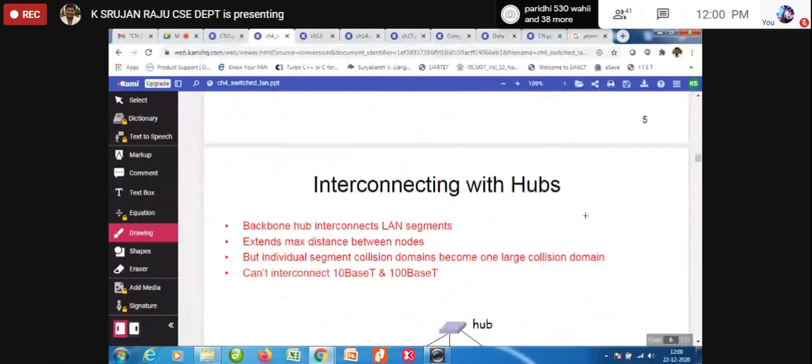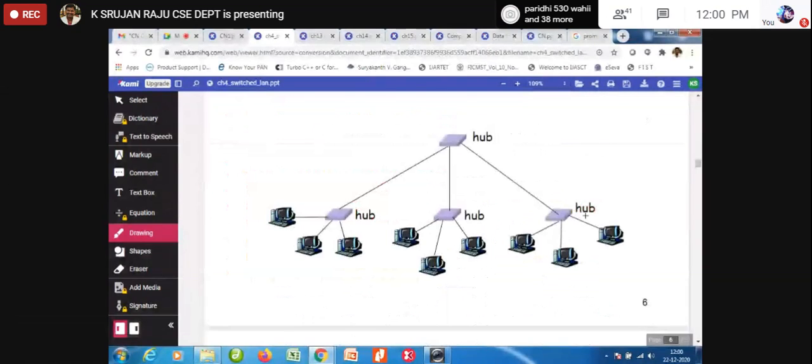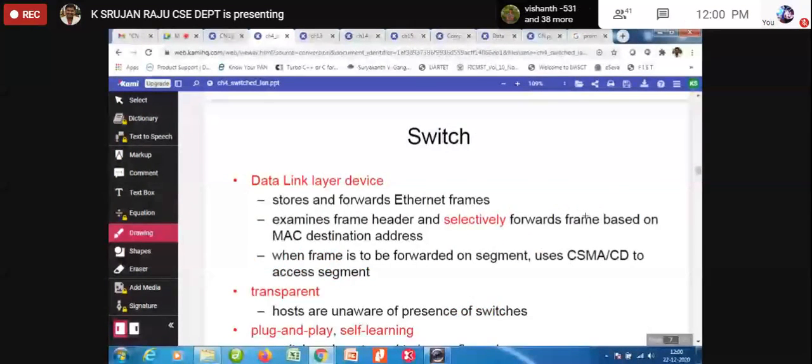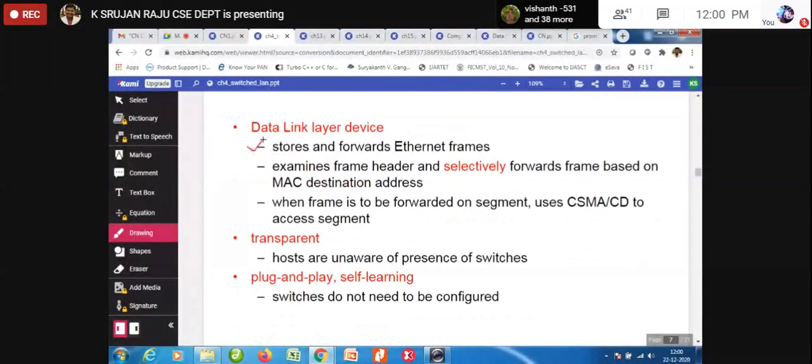At the same time, when we talk about a switch, as I told, it does store and forward of Ethernet frames. When the frame is to be forwarded to the segment, it uses CSMA/CD to access the medium, and it is transparent. What is the meaning of transparent?